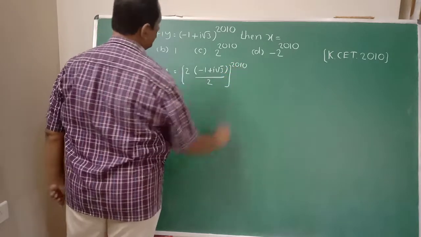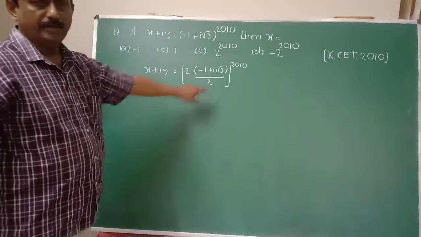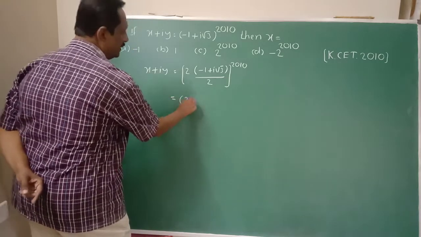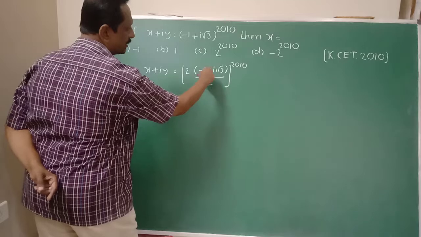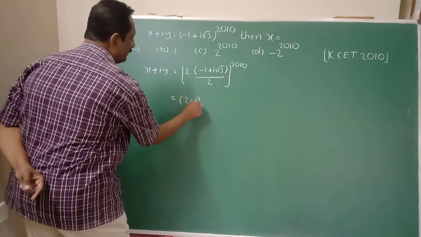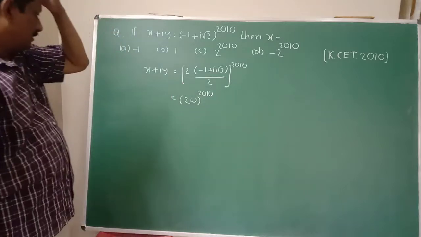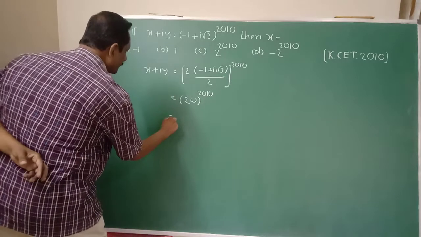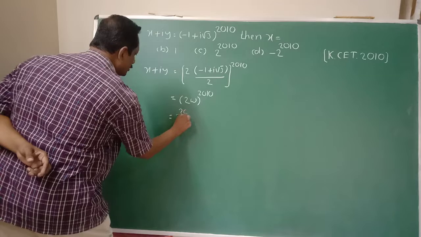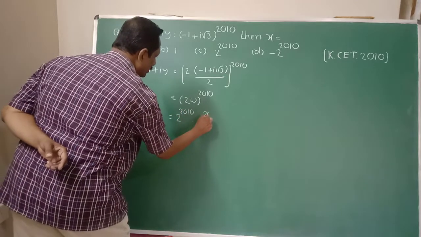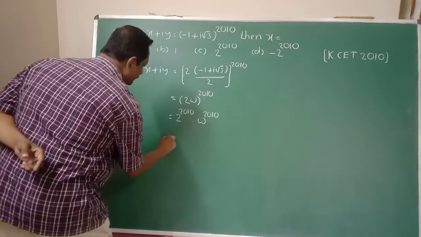Obviously this is omega value, so this is equal to 2 raised to 2010 into omega raised to 2010.